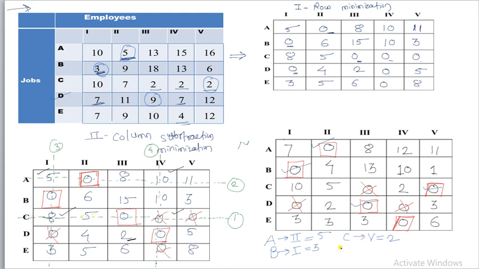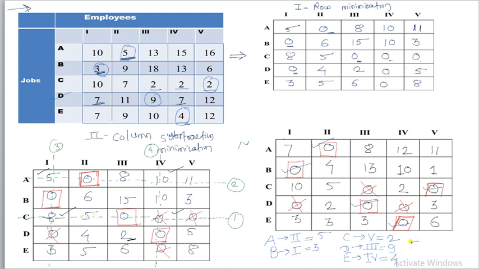So for the D row, third employee cost is 9. And next is E row, where the job has been given to the fourth employee, and the cost or the time hours are 4.